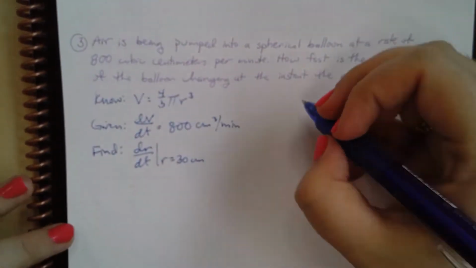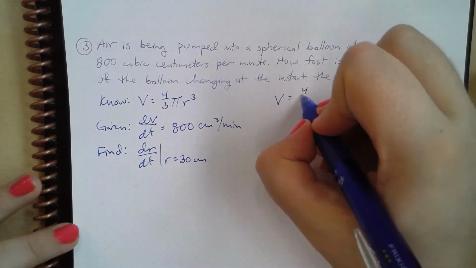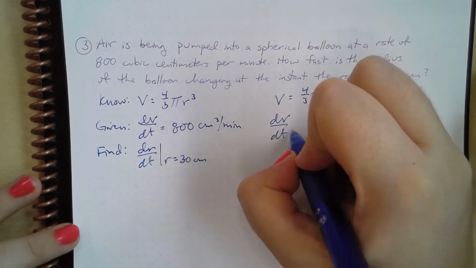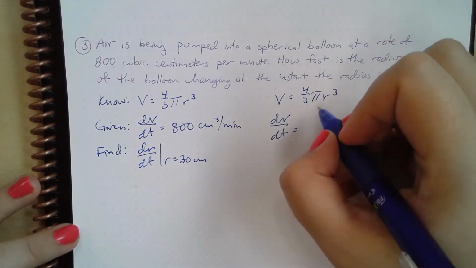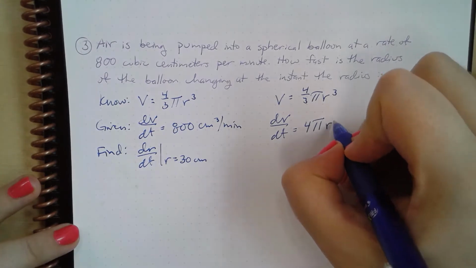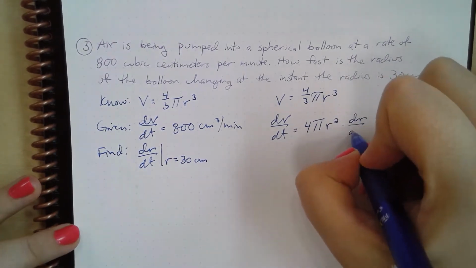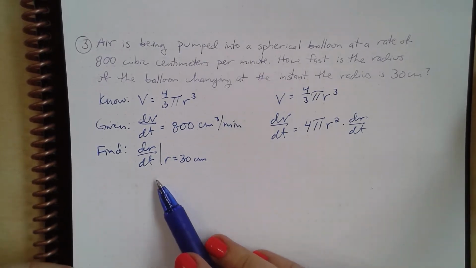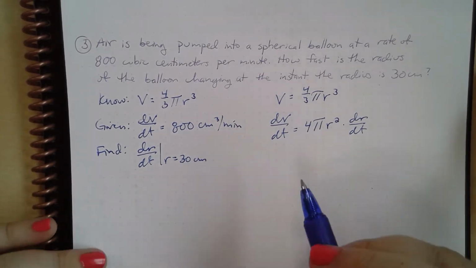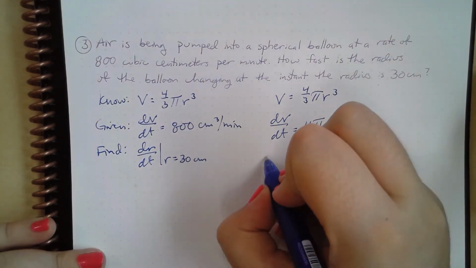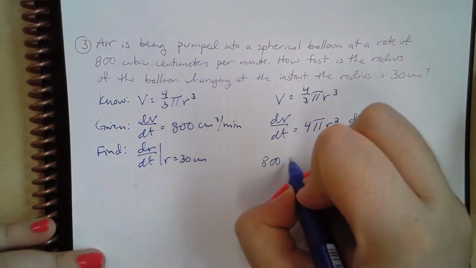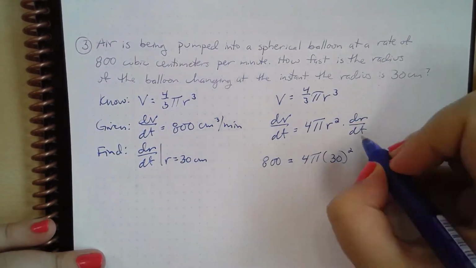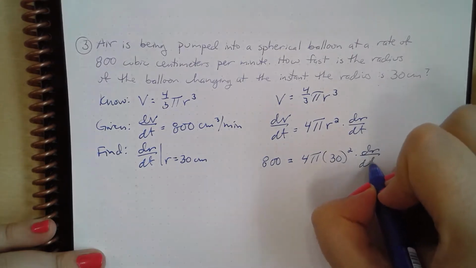So we're going to use implicit differentiation again. So V is equal to 4/3 pi r cubed. So dV over dt is equal to, well, 12 divided by 3 is going to be 4 pi r squared times dr over dt. Now, we are solving for dr over dt, so if I substitute in, I'm going to have 800 is equal to 4 pi times 30 squared times dr over dt.